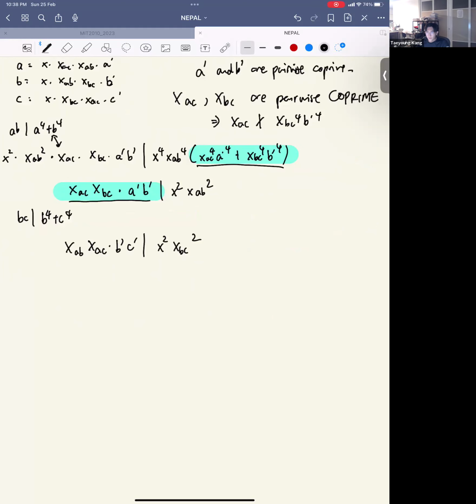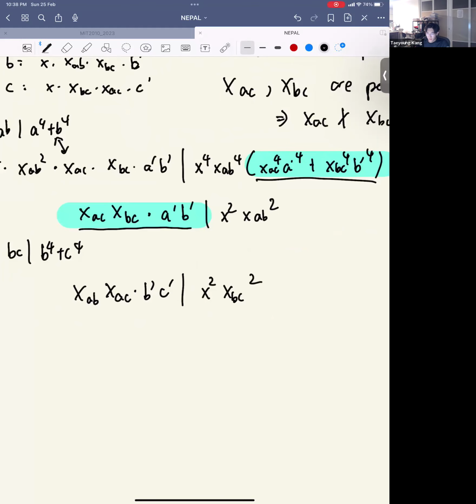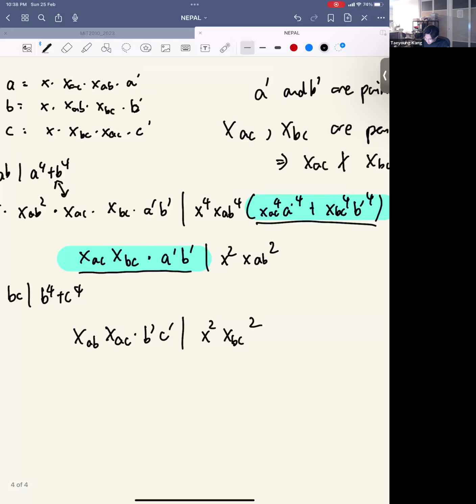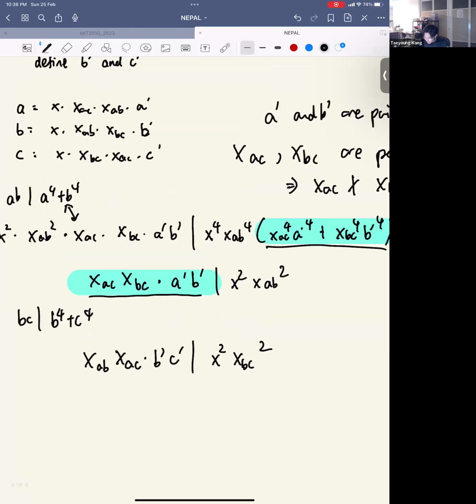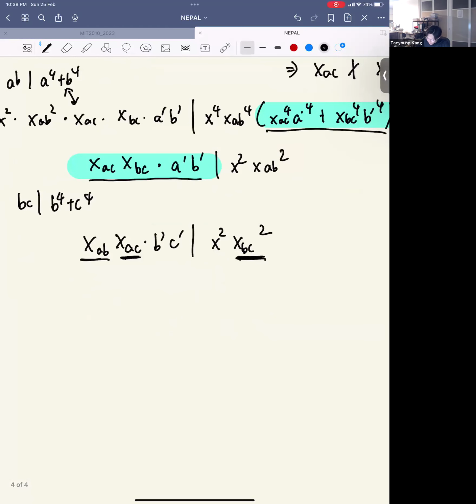And moreover, since we know that XAB XBC are coprime, like these two are coprime, and also these two are coprime, we can reduce this into XAB divides X squared.